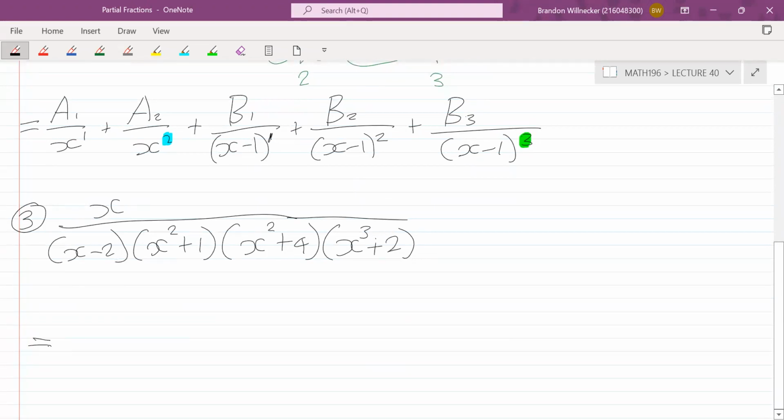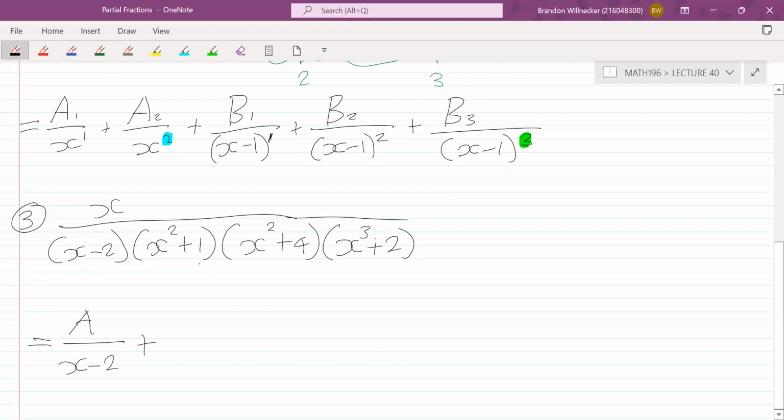We do a similar thing as before. We're going to split it up on each term. So the first one, the x minus 2, we're going to have A over x minus 2. Now for the second term, it's not going to be B over x squared plus 1. It's going to be a polynomial that's 1 degree less. So if the bottom term here is quadratic, then the top needs to be linear.